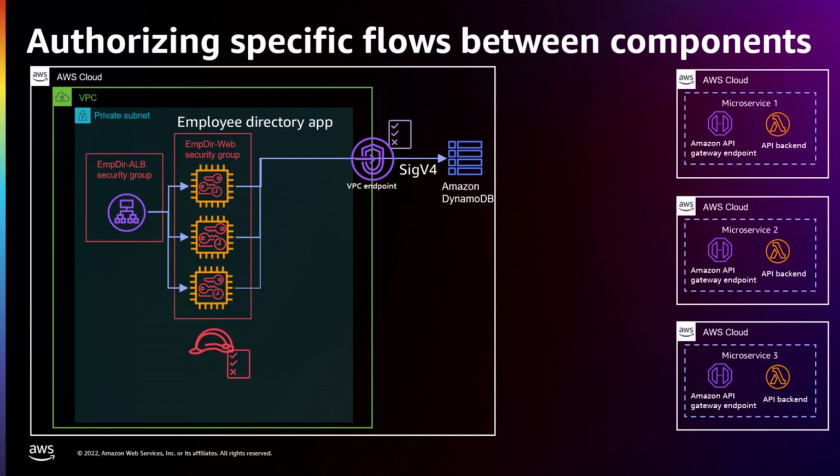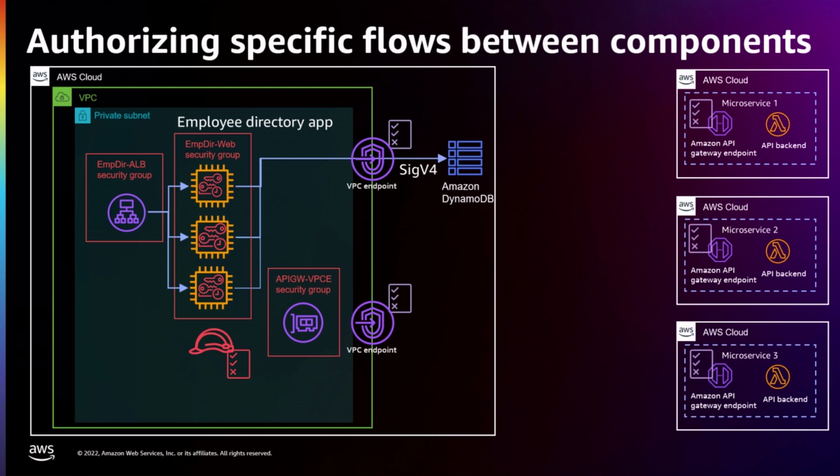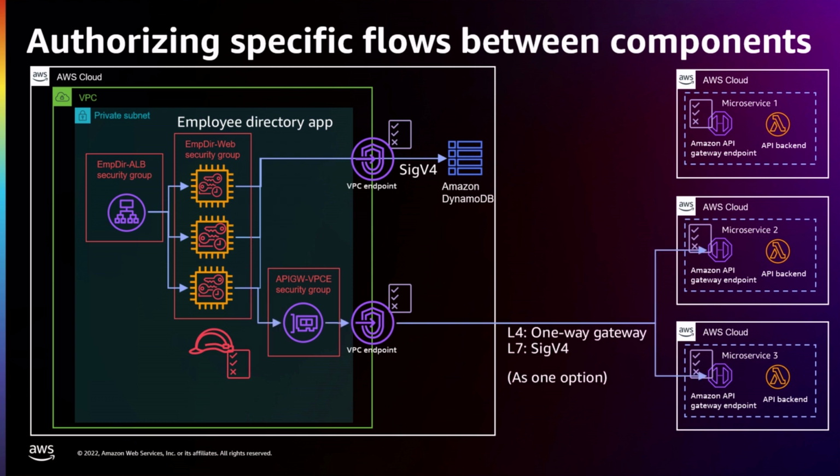Well, it turns out that Amazon's API Gateway can support the same type of authentication and authorization. So you create your API and your VPC endpoint for API Gateway, right? It flows through a security group as well. You put what's known as a resource-based policy out on your API endpoints. And now AWS is doing both halves, layer 4 and layer 7, for you, right?